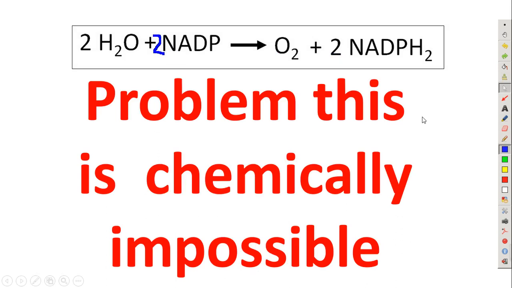It is impossible for the reaction to occur spontaneously, and this is a problem because it seems to be the case in plants. So how do plants tackle this problem? We'll see that later on, and the first thing we're going to do is explain why this equation is not possible.